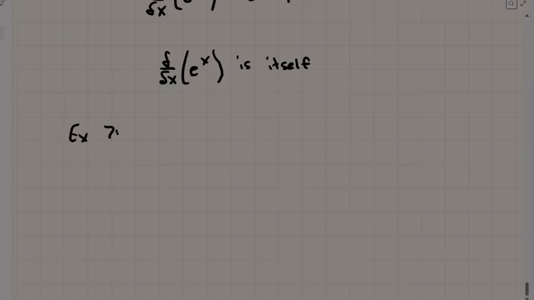All right, let's do example 7. What about ln of x, another important function for us? So just like last time, we just want to figure out what's f(x), what's f(x + h), and see what happens when we take the limit as h approaches 0.